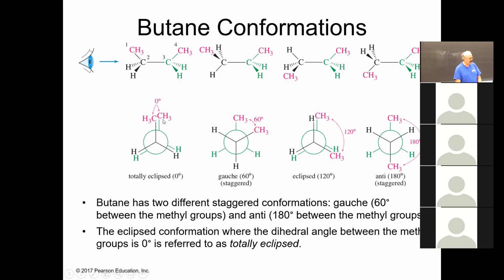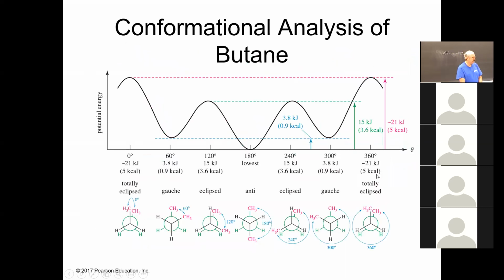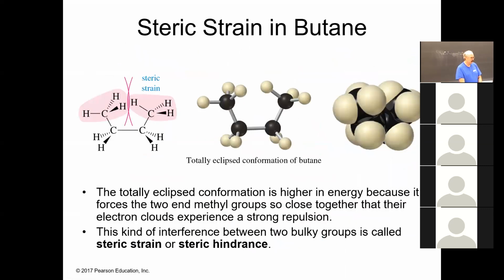We have the fully eclipsed, and then anti, which is the most stable. This shows the steric strain in the totally eclipsed conformation. We have a lot of repulsion between these two methyl groups.